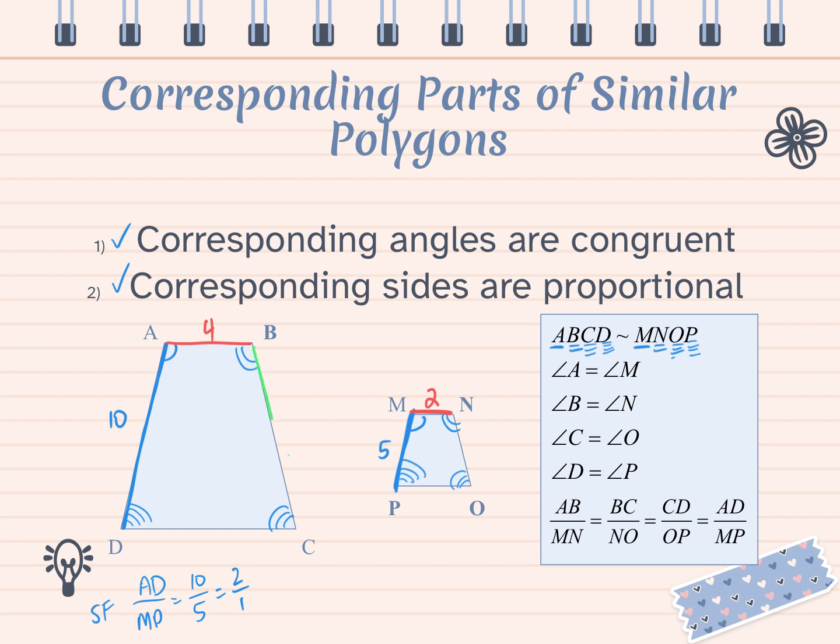If I go to BC, BC goes with NO, and let's say BC is 8 units, I know NO will be 4, and the same relationship will happen with CD and OP. And so they will be proportionally similar, not numerically equal, but proportionally equal.